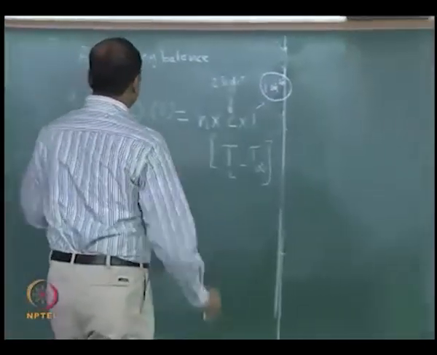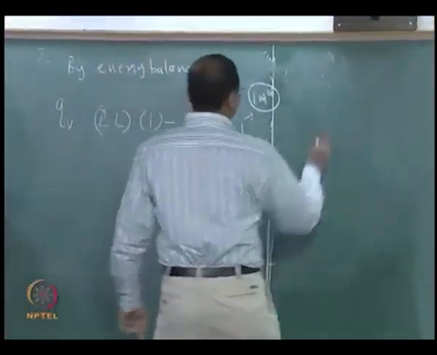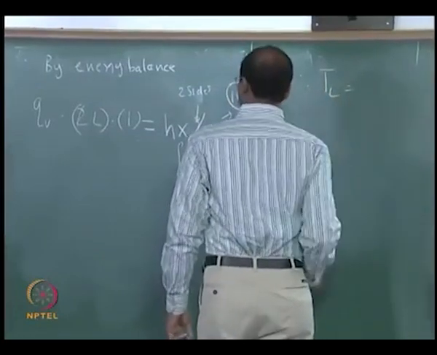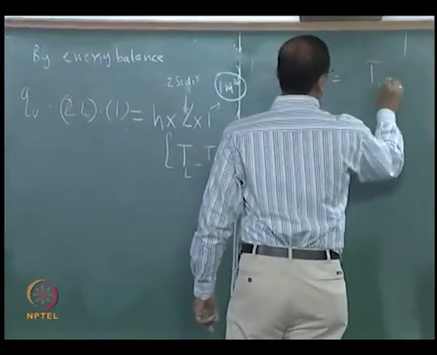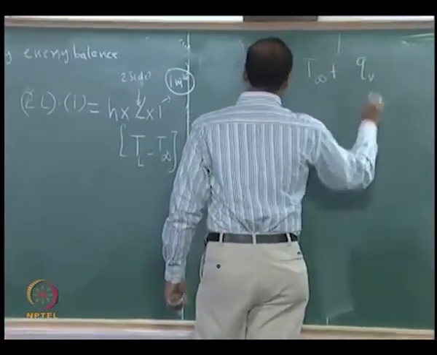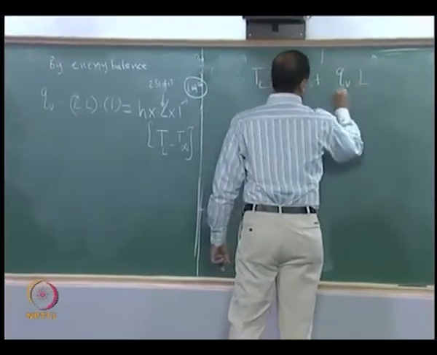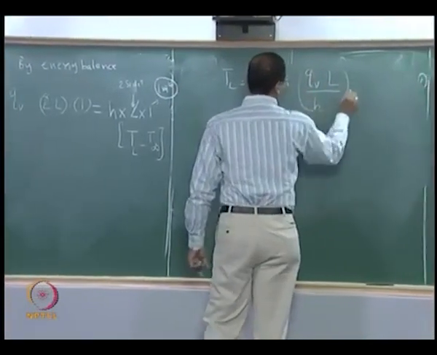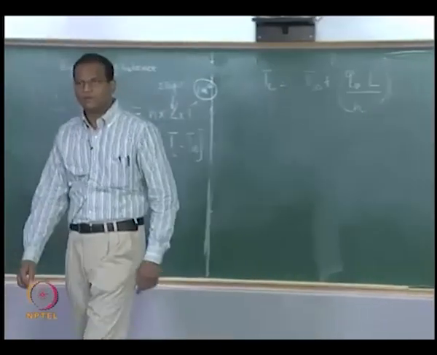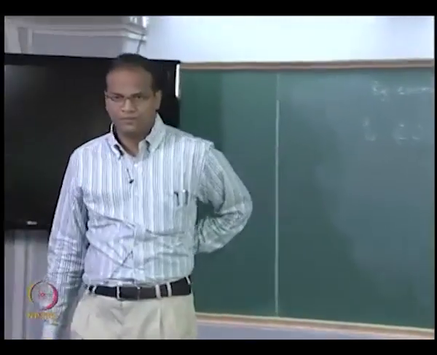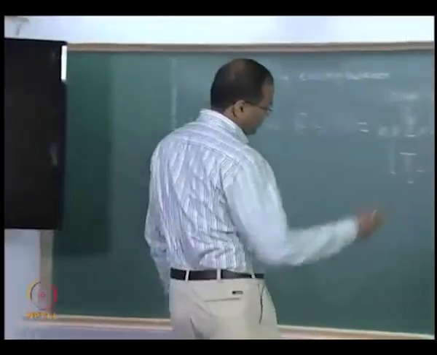So TL will be equal to T infinity plus QV L by h.